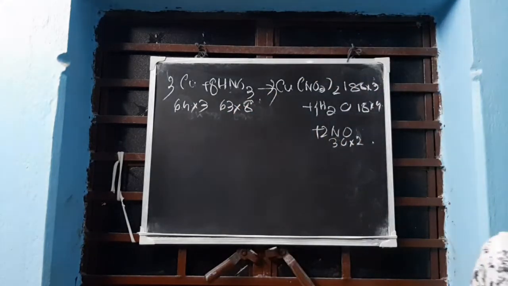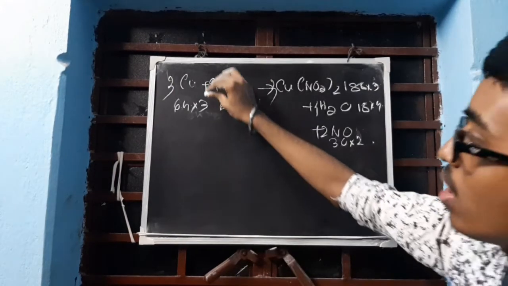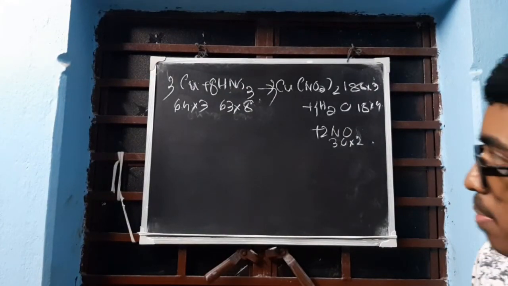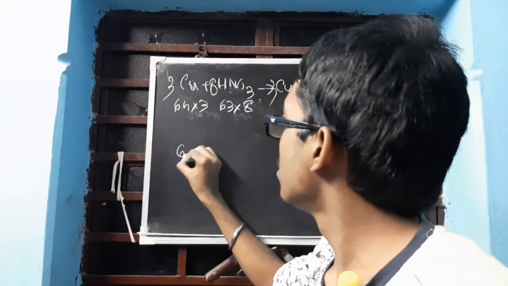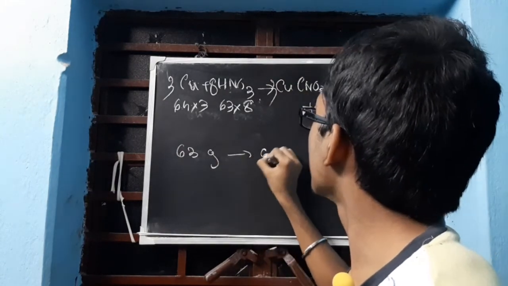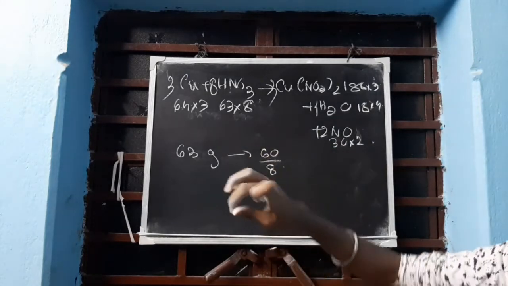Okay. Next. Volume of nitric oxide that can be collected. What is the volume of nitric oxide? Now take any one value and get the value. This asked 63 gram. So here 63 gram means 63 divided by 8, because 63 into 8 indicates 60.